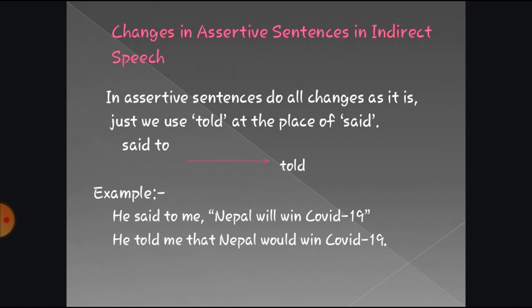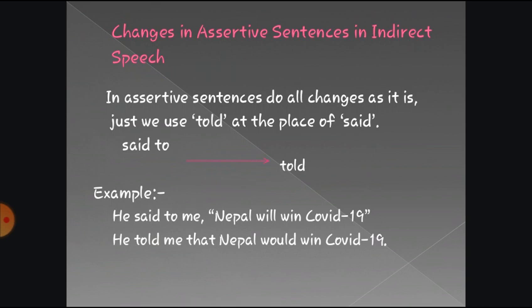So as you know, said to can be changed into told, and instead of comma and inverted comma, whenever changing from direct speech to indirect speech, you should use that as a connector. In the same way, other rules as we have talked last day.